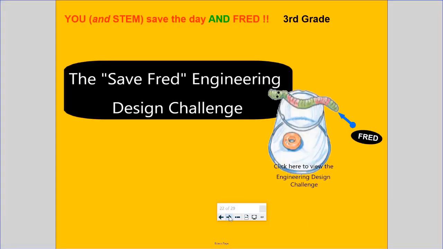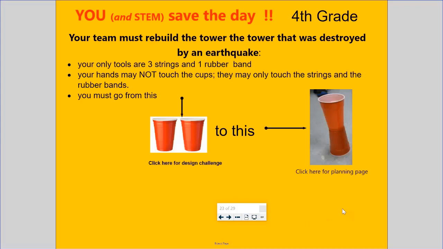And then for the fourth grade, we step it up a little bit because, of course, they've been there during their third grade year. They have more of the understanding of the engineering design process. And so now they work to rebuild the tower that was destroyed by the earthquake.